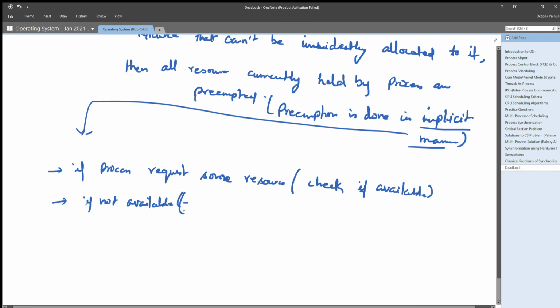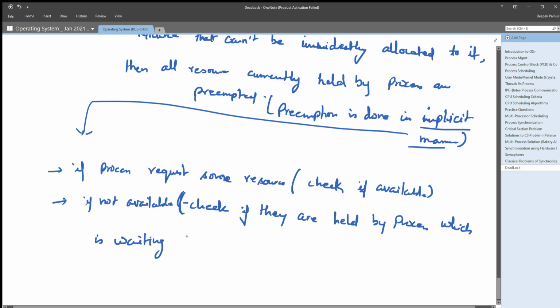then check if they are held by a process which is waiting for some additional resources.